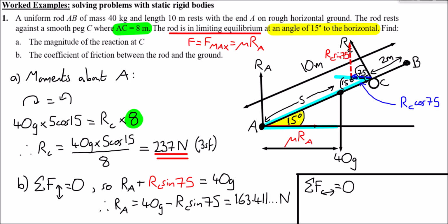So therefore, the forces acting to the left, RC cos 75, must be equal and opposite to mu RA. But mu RA is mu times 163, whatever it was.